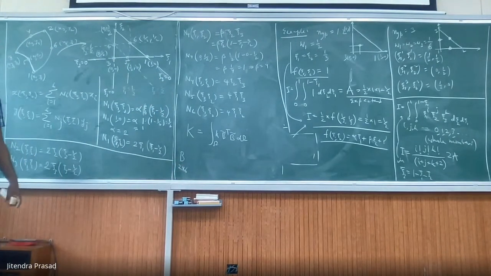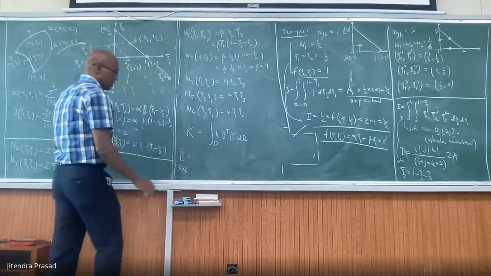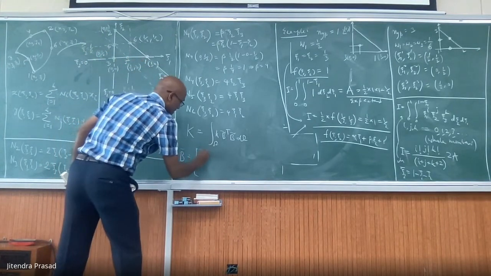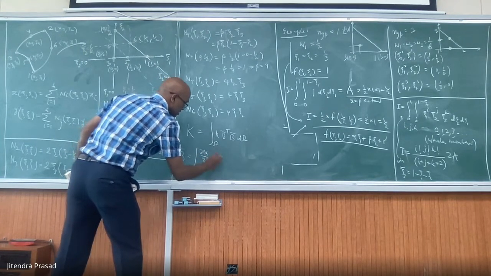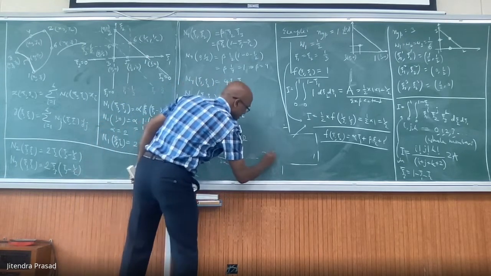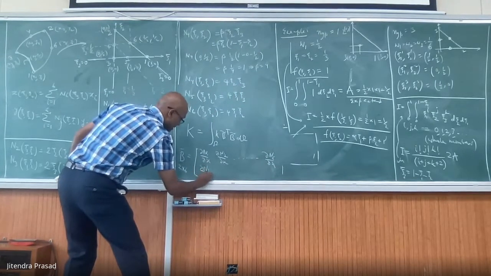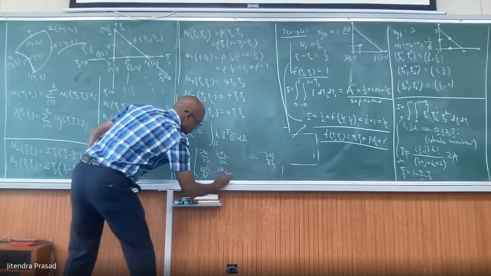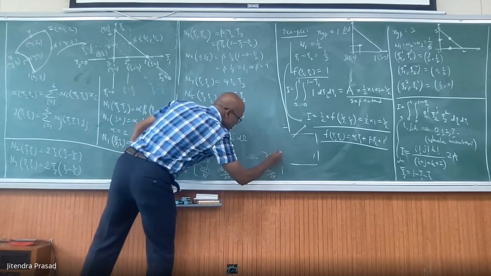That's the only difference. It has del N1 over del X, del N2 over del X, till del N6 over del X, and del N1 over del Y, del N2 over del Y, till del N6 over del Y.